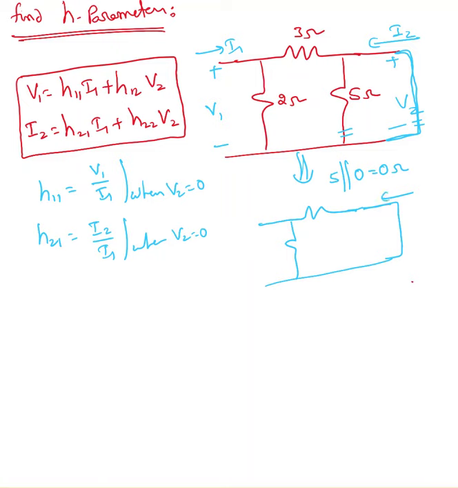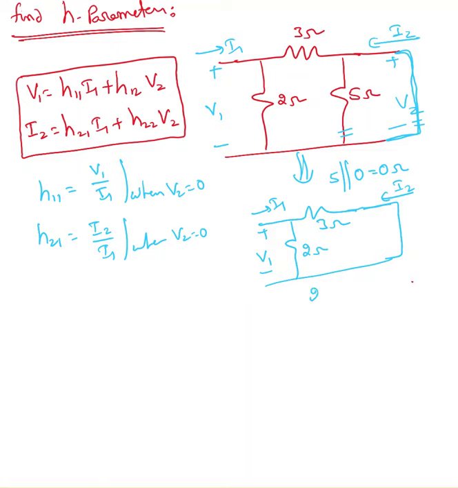Here is my i2, i1 and v1. This is 2 ohm, 3 ohm. Now there are only two resistors in the circuit. Can I say those two are in parallel?